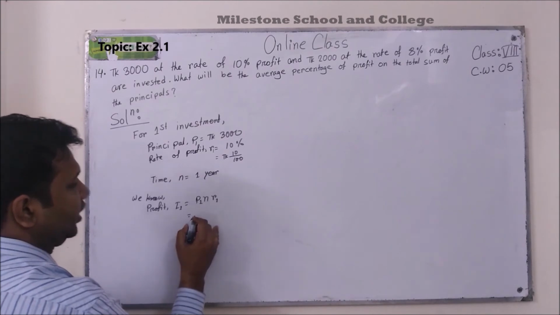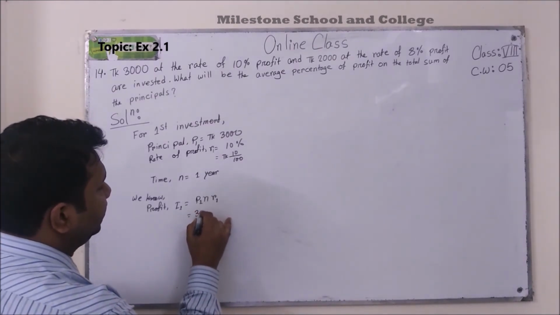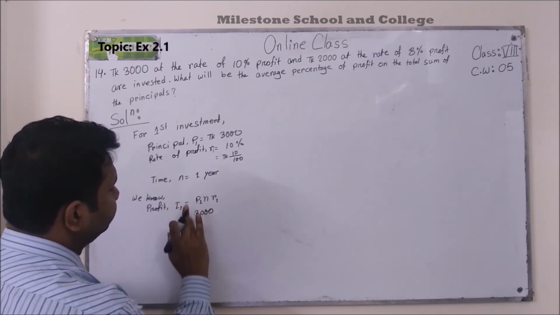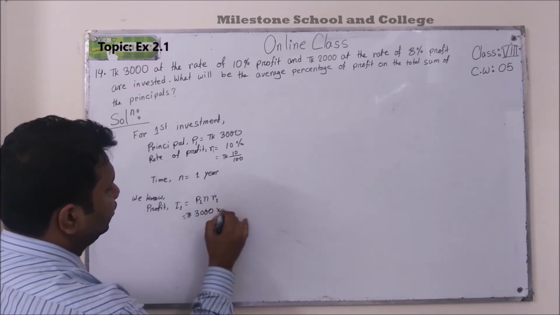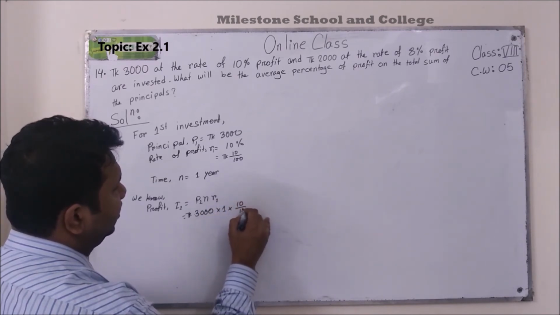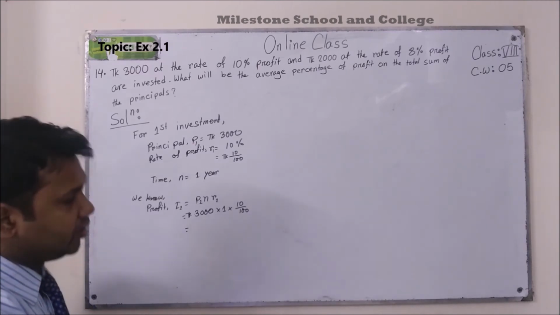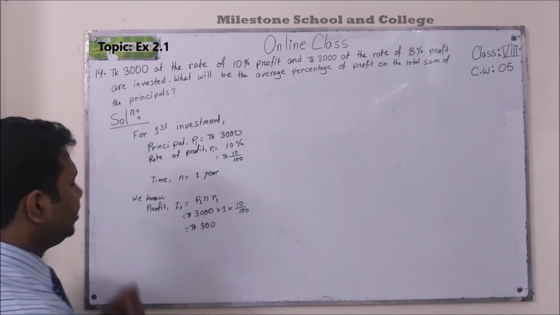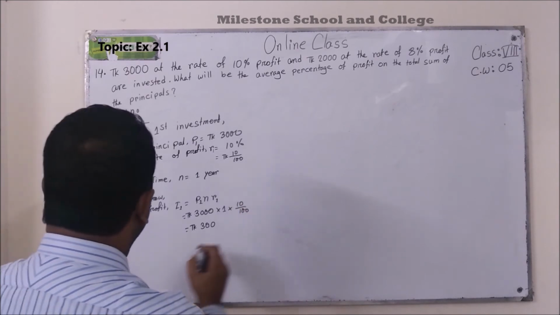If you use the calculator and put the value, taka 3000 into n equal to 1 and R1 equal to 10 by 100, you will get 300 taka. So taka 300. So we get I1.